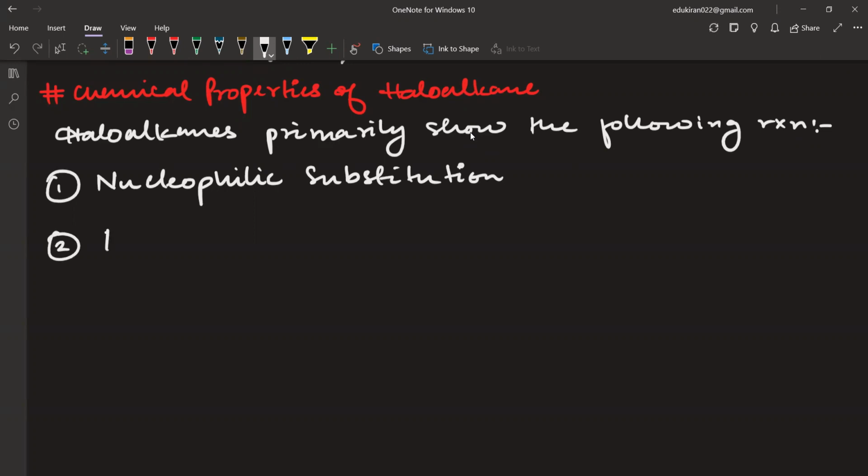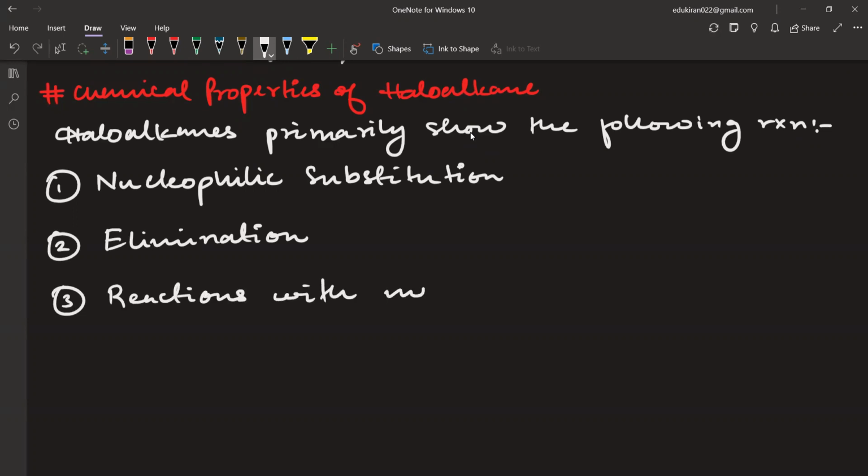Second, we will be studying elimination. And third, we'll be studying reactions with metal. So these are the three topics that we will be studying.